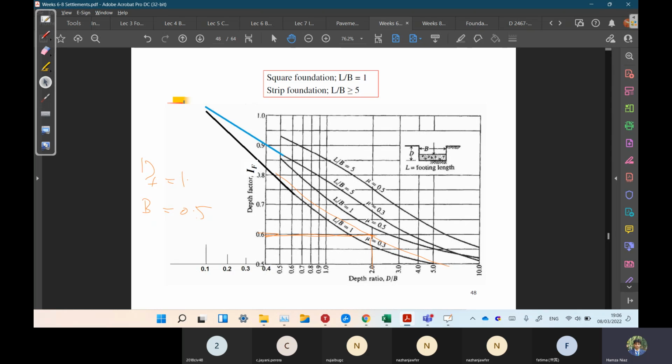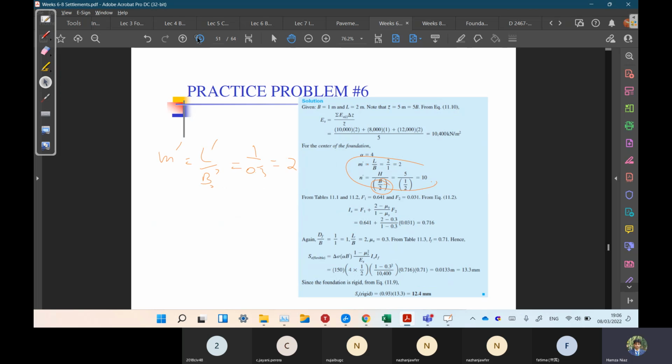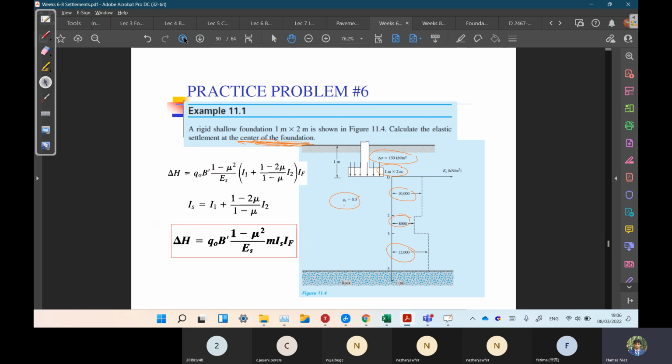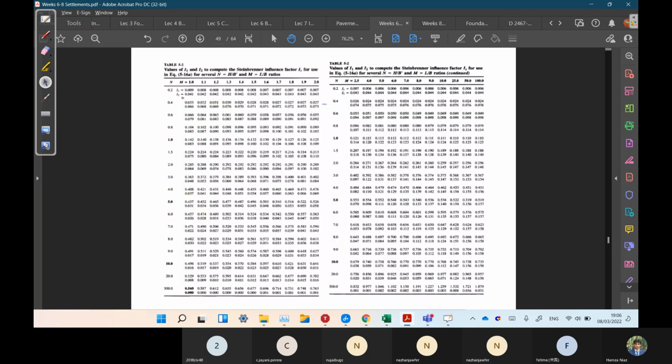You can say almost 0.6. So this one, IF is equal to 0.6. We can use this and we can calculate I1 and I2 from here. They're saying that N is equal to H over B, just like we calculated before. M is equal to L over B. So M we have 2 and we have H over B, this was 10, I think.